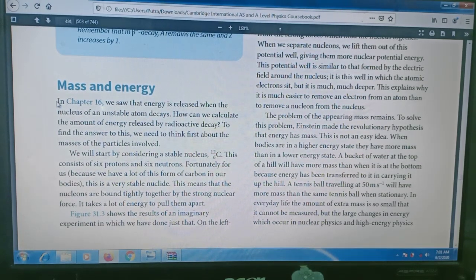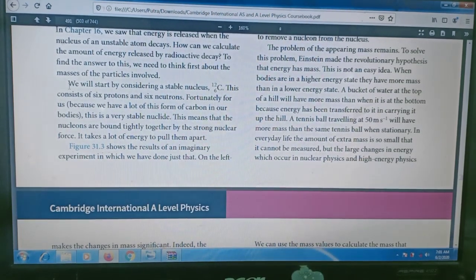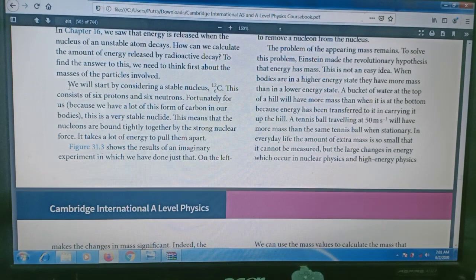As mentioned in chapter 16, we saw that energy is released when the nucleus of an unstable atom decays. How can we calculate the amount of energy released by radioactive decay? Now, we will start by considering a stable nucleus, the nucleus of carbon. This consists of 6 protons and 6 neutrons, so it is very stable.